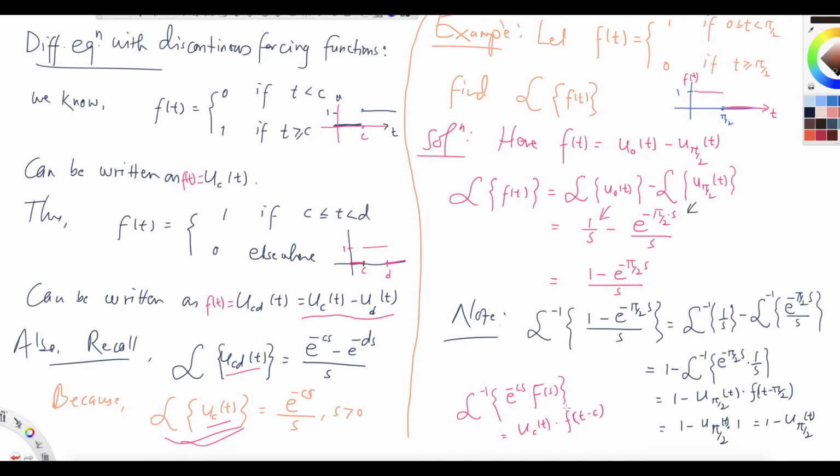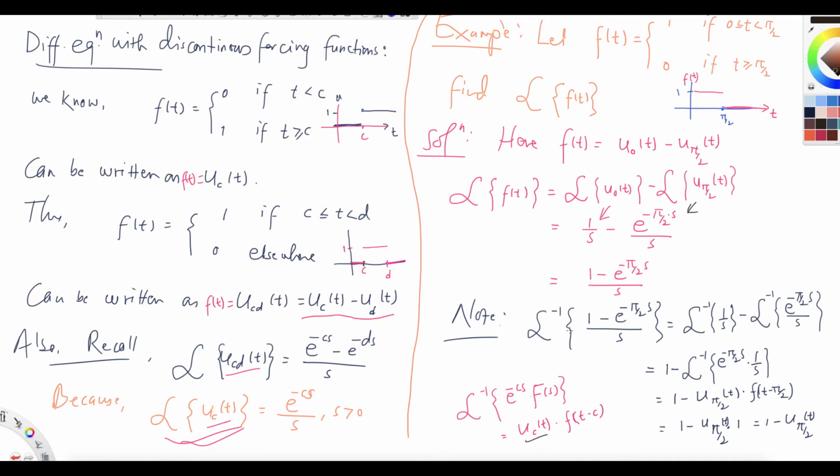If you want to take the inverse Laplace transform of e to the negative cs times F(s), the formula is u_c(t) times f(t minus c), where this lowercase f has the Laplace transform uppercase F. So for the inverse of that, you write e to the negative cs times F(s); because there is e to the negative cs multiplied, you will write lowercase f(t minus c), where F(s) is the Laplace transform of lowercase f(t). Now, let us take the inverse Laplace transform of this function. What do you get?